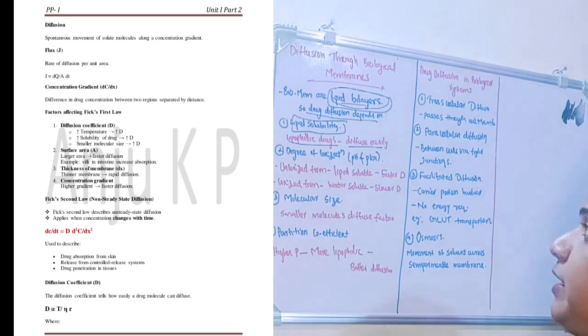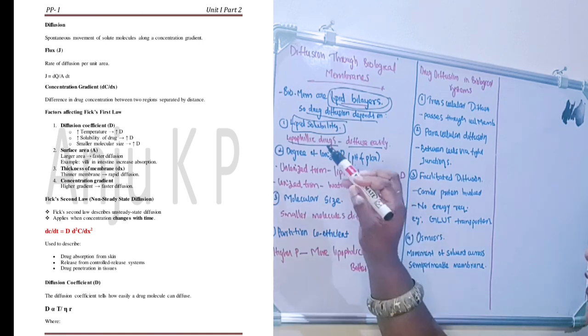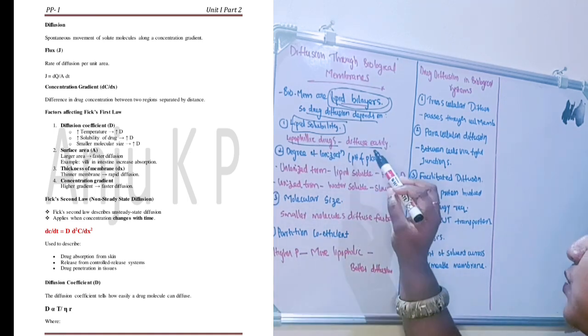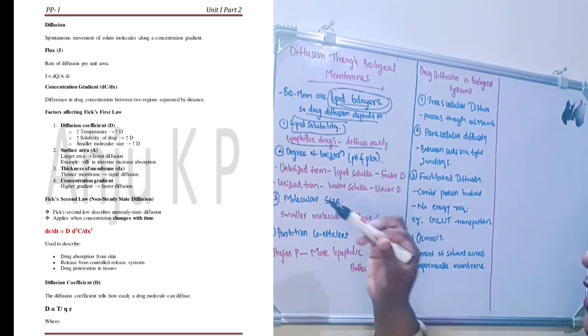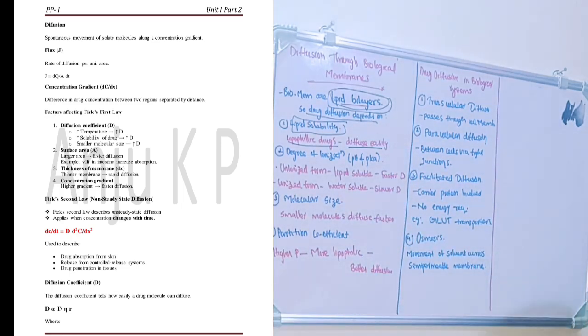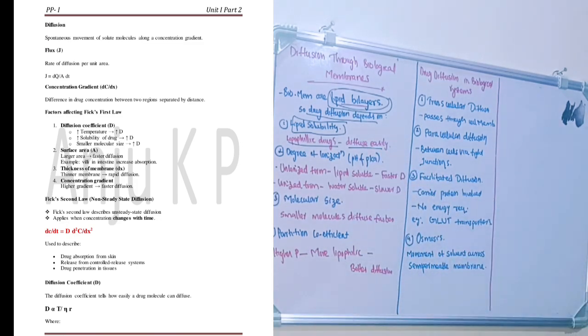What is lipid solubility? The drugs which are soluble in our lipid bilayers. If you are taking lipophilic drugs, they will easily diffuse through biological membranes. Instead of that, if you are taking hydrophilic drugs, diffusion will be slower.